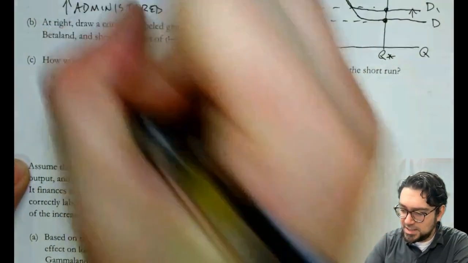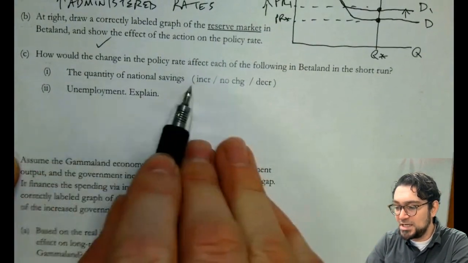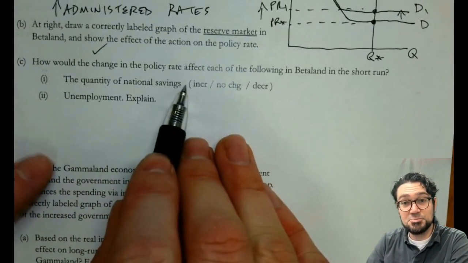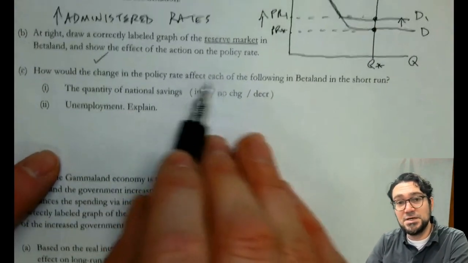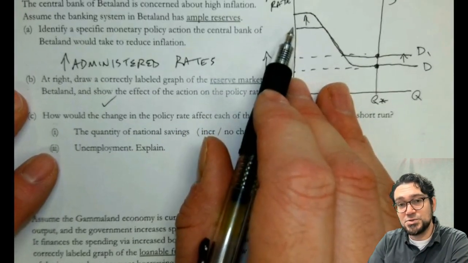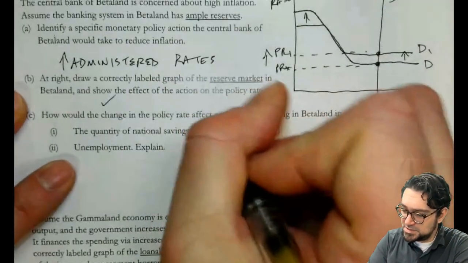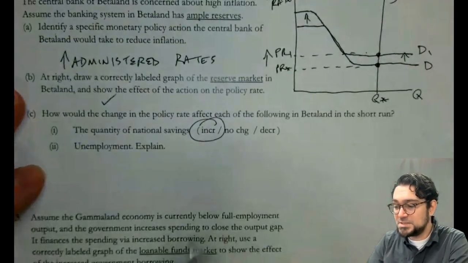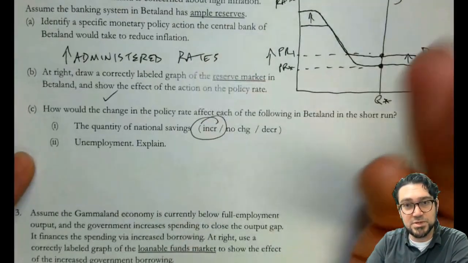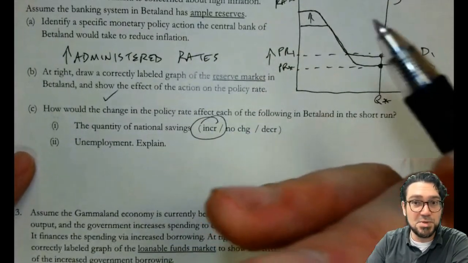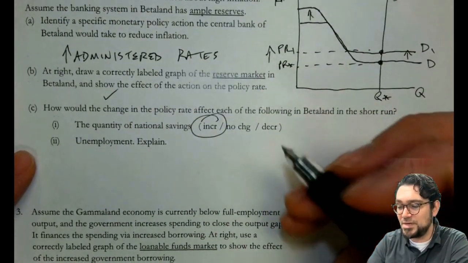That part's done. How would the change affect the following? The quantity of national savings. This one's pretty tricky. Well, when we raise the interest rate, it's going to cause a greater quantity of national savings, right? It's going to increase, because there's a direct relationship: higher interest rates induce people to save more of their money.